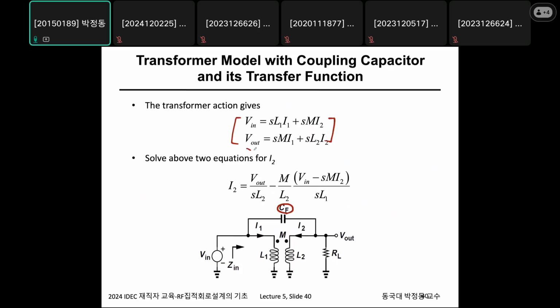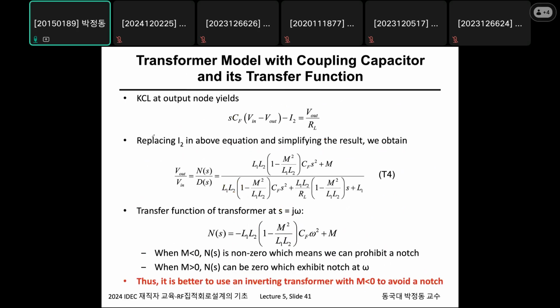Which is exactly shown from the G parameters. From these two equations, you can easily express I2 in terms of V out divided by SL2 minus M divided by L2 and so on.